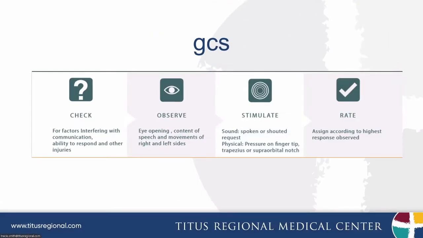Another scale we would like to cover is the Glasgow Coma Scale. The Glasgow Coma Scale was invented in 1974 at the University of Glasgow by Dr. Teasdale and Brian Jennett.